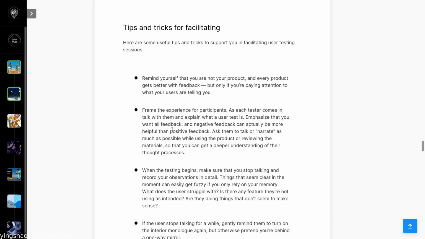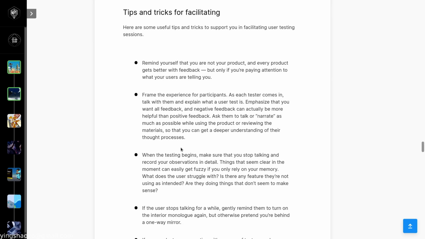Emphasize that you want all feedback, and negative feedback can actually be more helpful than positive feedback. Ask them to talk as much as possible while using the product or reviewing the materials so that you can get a deeper understanding of their thought processes.